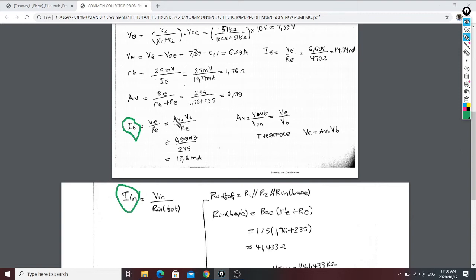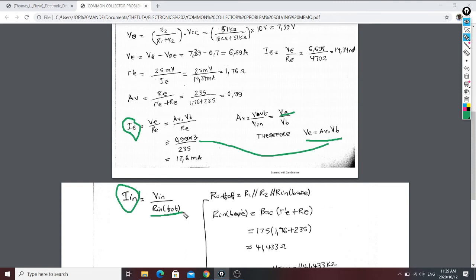But you can see that here it's the average voltage times VB. Look here, the average voltage is going to be what? V out over V in, but the voltage out is the emitter voltage, the voltage in is the base voltage. Automatically our VE will be the average voltage times VB.